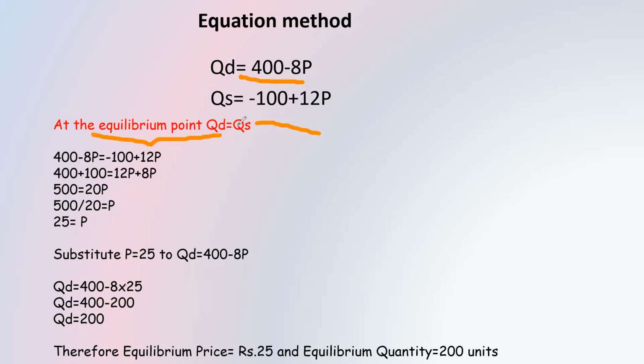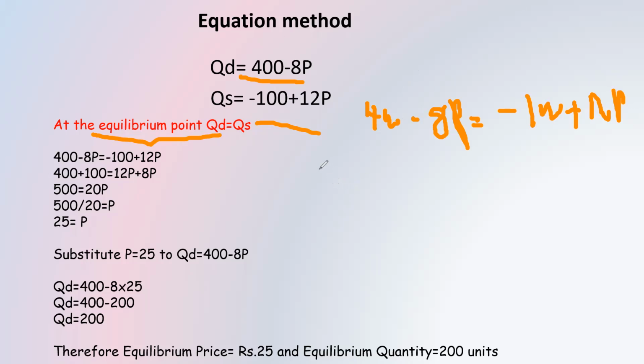At the equilibrium point, QD is equal to QS. QD is 400 minus 8P, equals minus 100 plus 12P. So then what do we have to do?